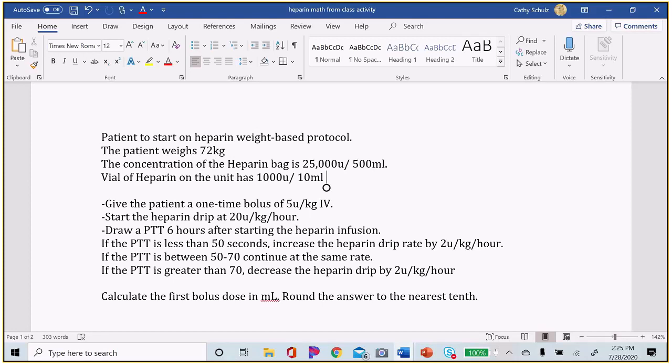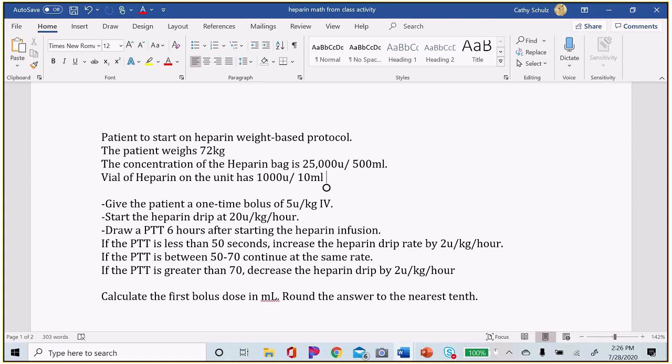You need both of those things because occasionally the patient will get a bolus of heparin, like when they first start it, or sometimes when the drip level is changed. You would give a bolus, and that you would just pull out of the vial and push into their IV. You wouldn't take that from the bag.